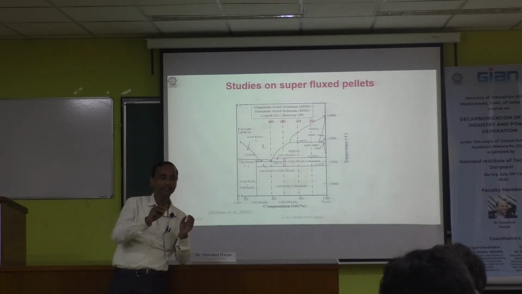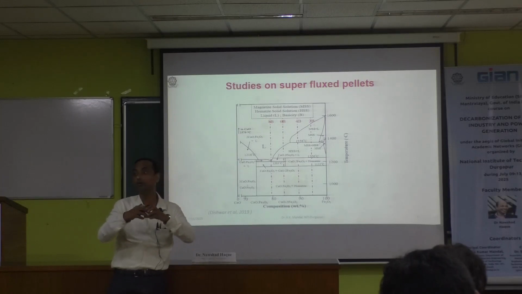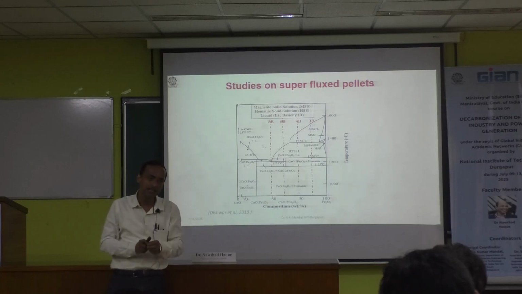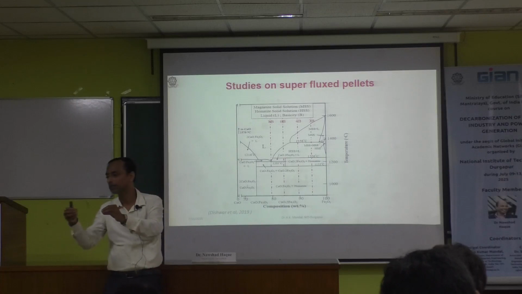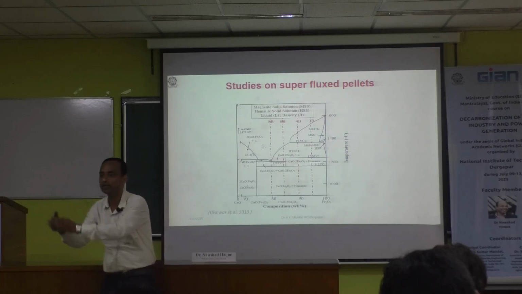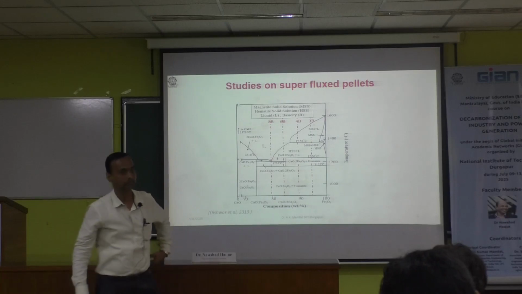Then when these pellets move inside, the liquid slag will try to come out from the surface, and this liquid slag is sticky in nature. Liquid slag from one pellet comes out, and when another pellet's slag comes out, they stick. Then two pellets will stick, three pellets, four pellets. In this way, you will get an agglomerated product, not pellets.